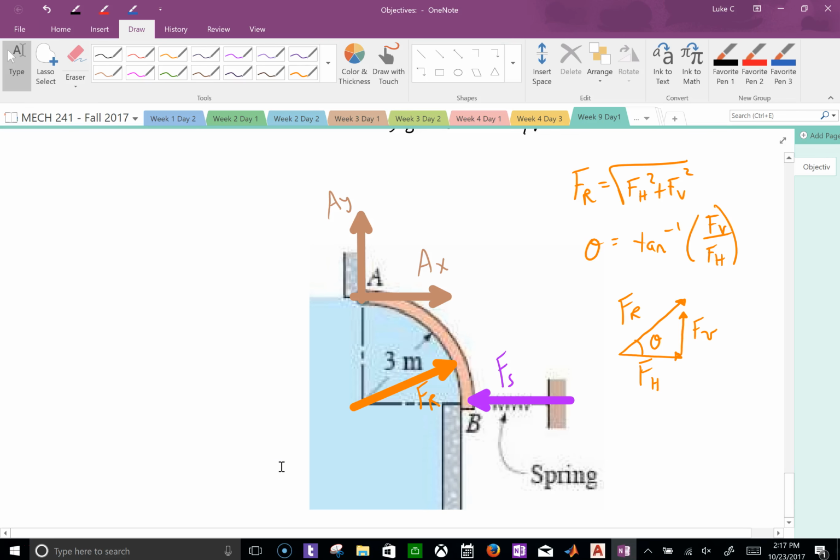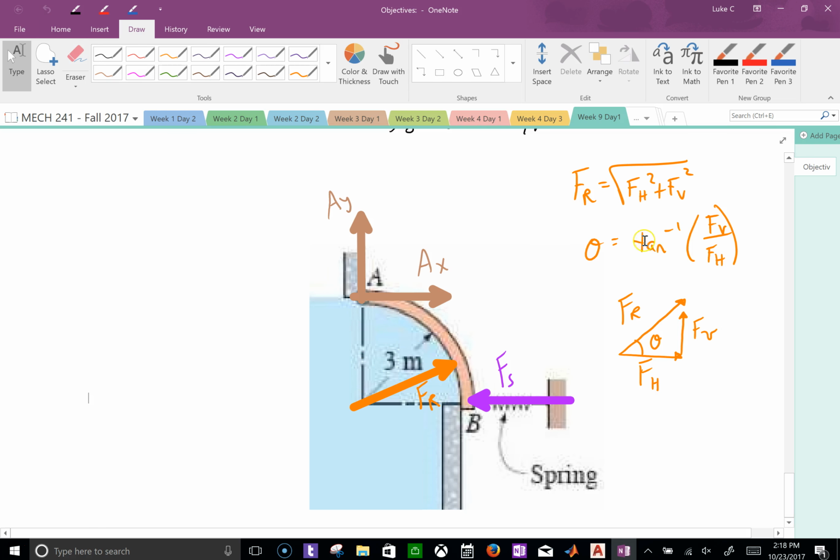Okay, all right, so here is how you would actually figure out the moment equation for this problem. Just to recap, here is the gate from A to B, and we have the spring force, we have AX and AY, and we have FR. We find FR based on our free body diagram of the water in this curved section.